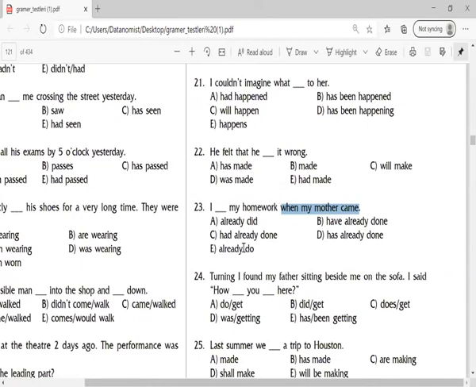That you need to select clearly. Look at this. I dashed my homework when my mother came. Before mother came, I completed. That's what this indicates, even if I see this when. So already did, have already done, had already done, has already done, already do. Left side of V2 is always had already done. Okay.